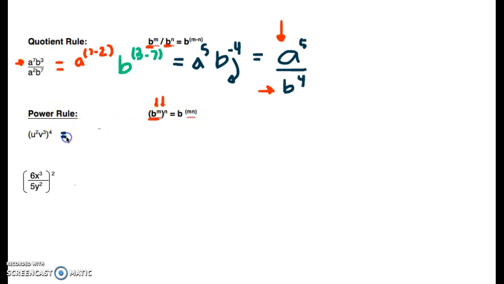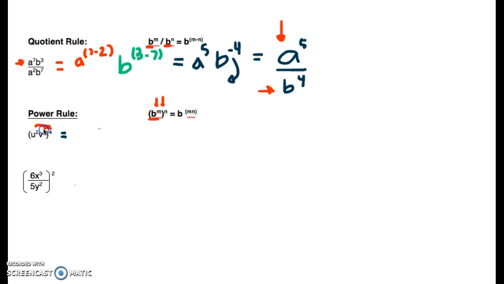So here, this is the same as saying I have 4 packages of u squared v cubed. So I have u squared v cubed, u squared v cubed, u squared v cubed, u squared v cubed. And instead of writing all of that out, I'm going to multiply this exponent by the u squared.